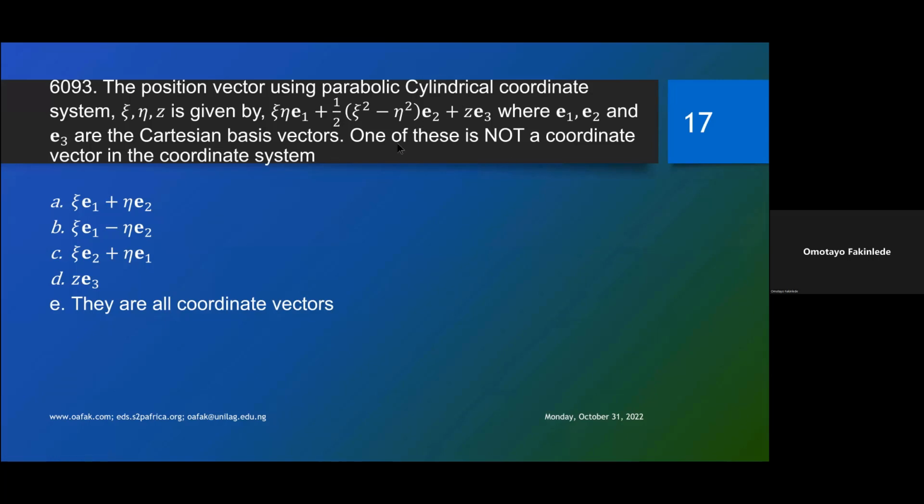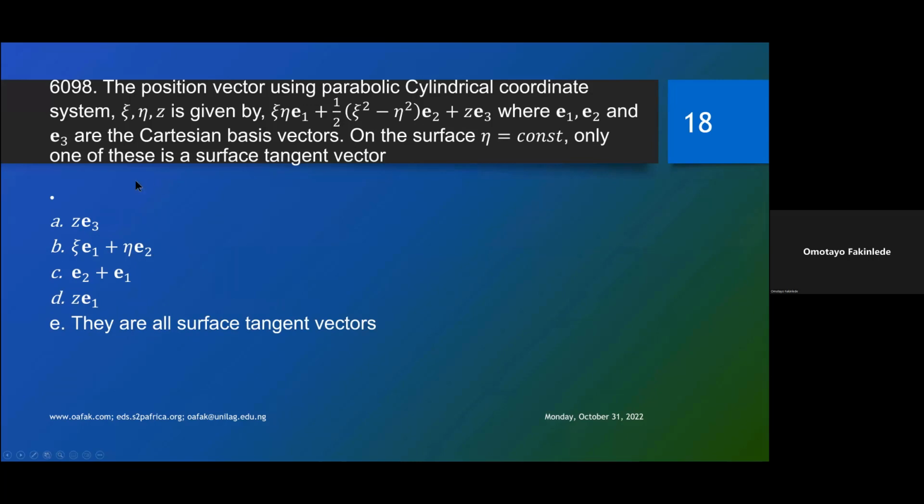This is the same thing. Only one of these is a surface tangent vector. On the surface, eta is a constant. So you go here, you put eta to be a constant, so you now get a function of xi and z.